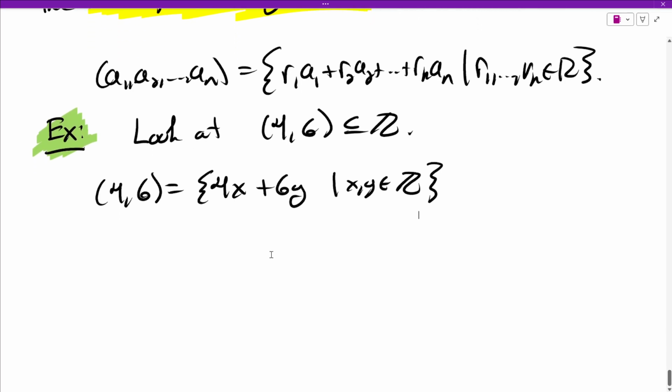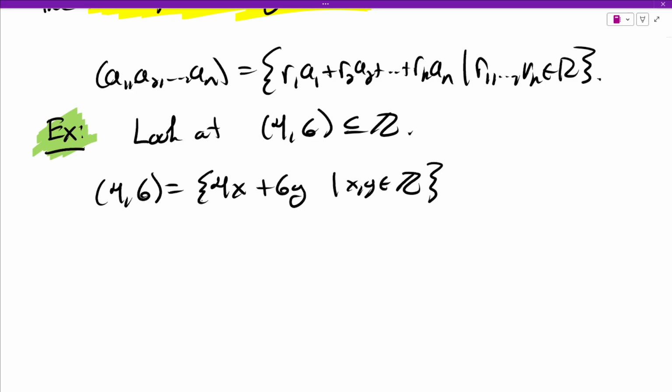Now, this should look familiar. In particular, we investigated combinations of two elements before, and that led us to Bezout's identity.